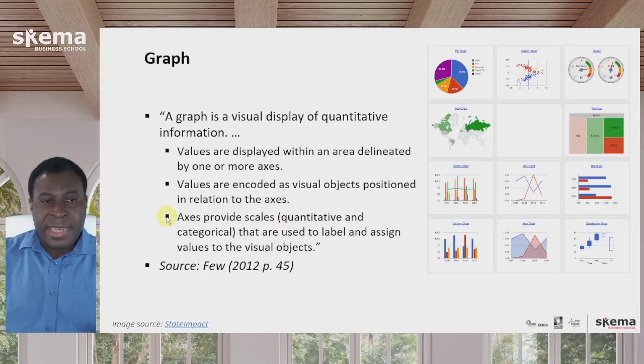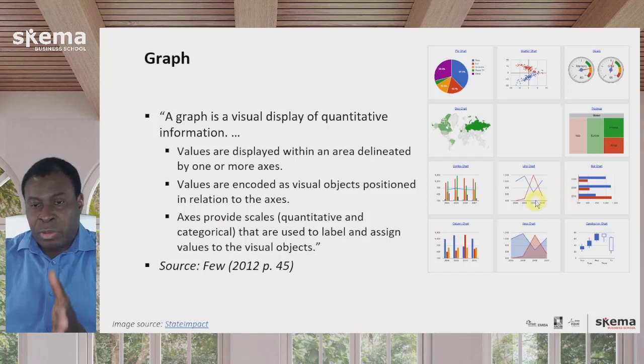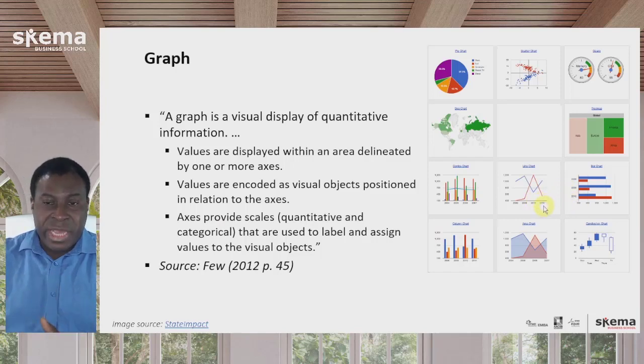Then a third key aspect of a graph is that axes provide scales, which might be quantitative or categorical, that are used to label and assign values to the visual objects. So there's some sort of scale that indicates what each point along the axis means, and the axes with the visual objects within them are what constitute a graph.